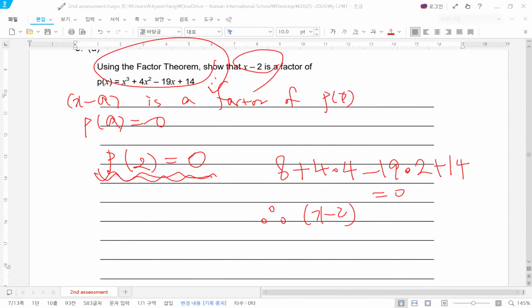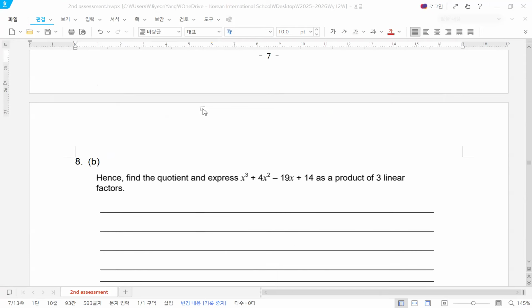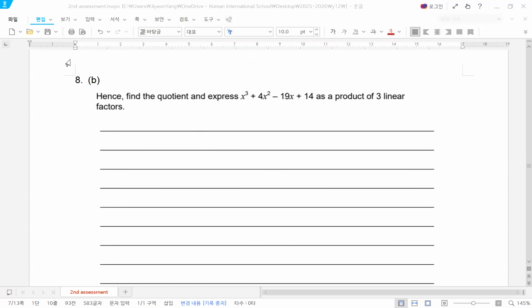And then you may have forgotten what the factor theorem is, but still you can solve question 8b, because they say x minus 2 is a factor of this one. Do you remember? So by using this, you can find its factorization.